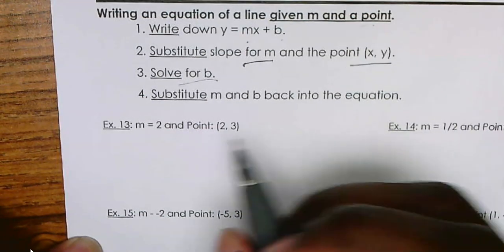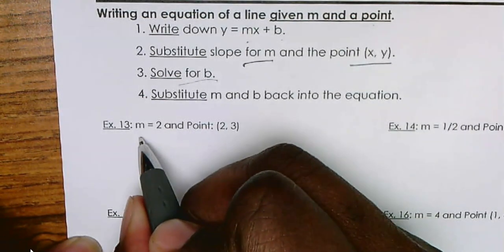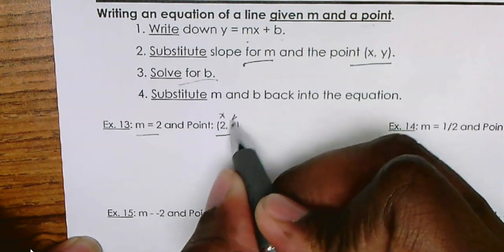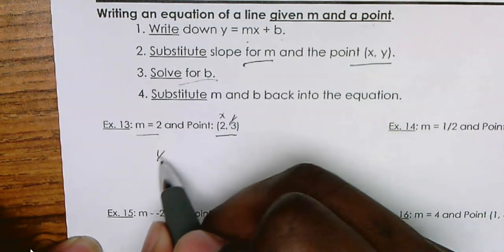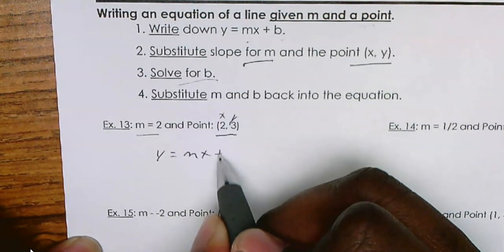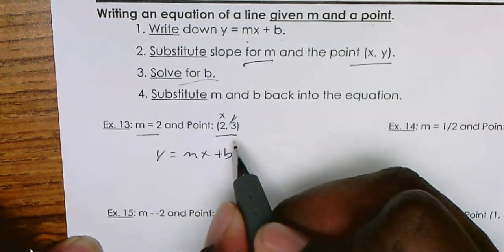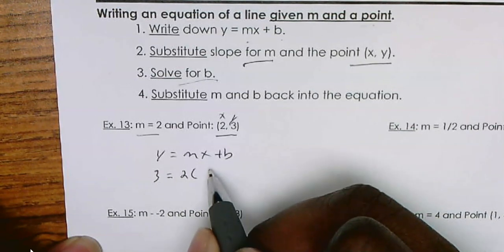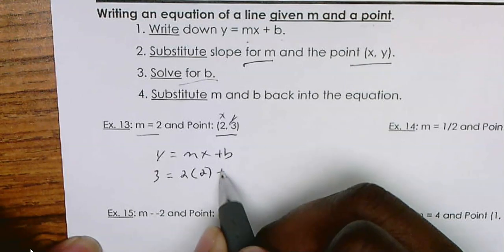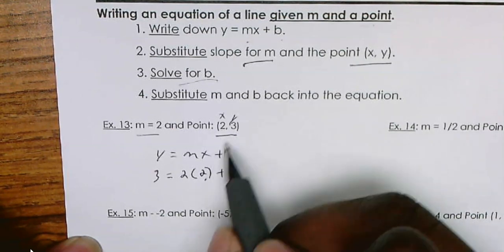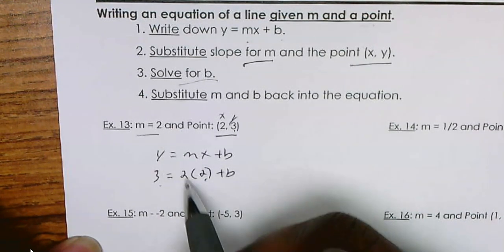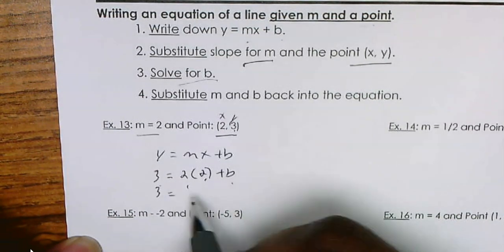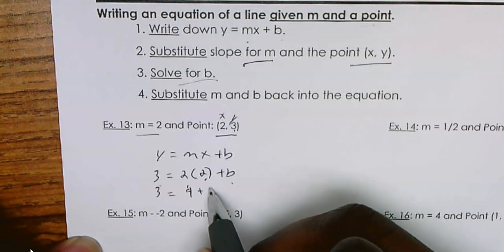So this is how it works. If I gave you m is 2 and my point is 2, 3, that means x and y is 2, 3. So in y equals mx plus b, my y is 3, my slope is 2, and my x value is 2. So x is 2, y is 3, m is 2. The only variable left is b. So I know 3 equals 4 plus b.